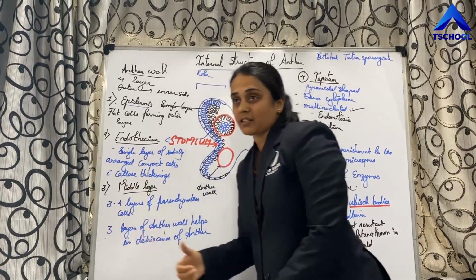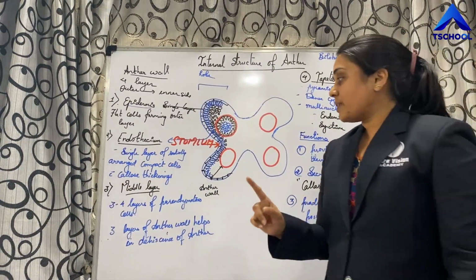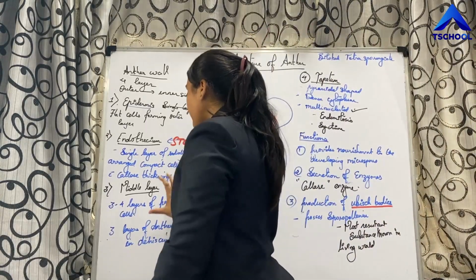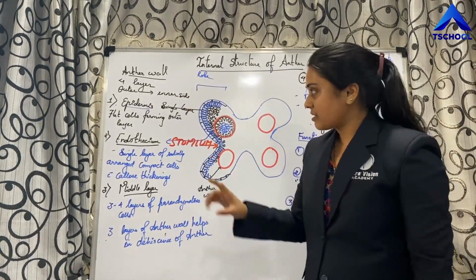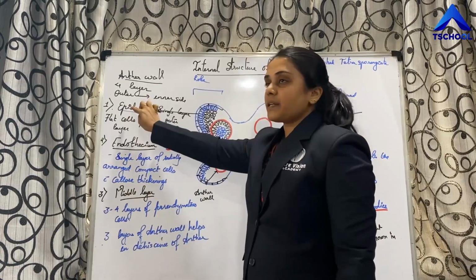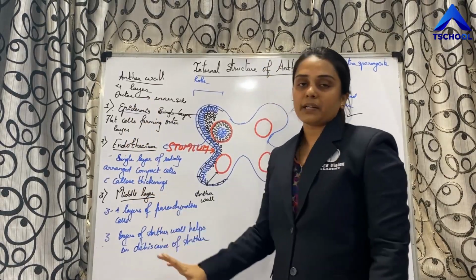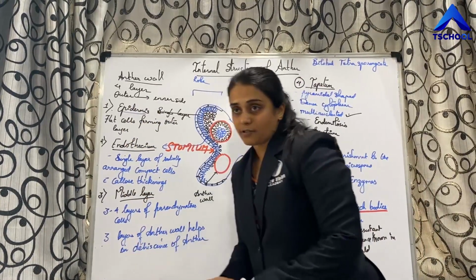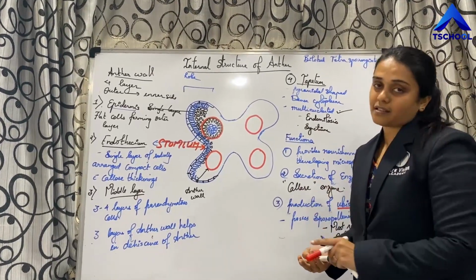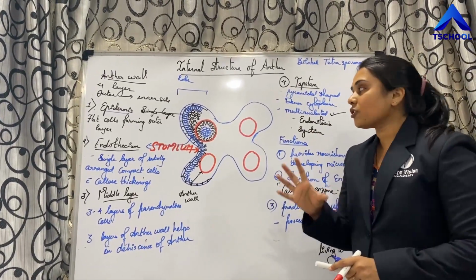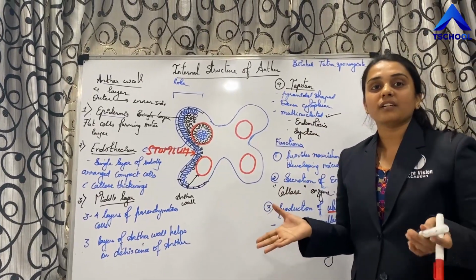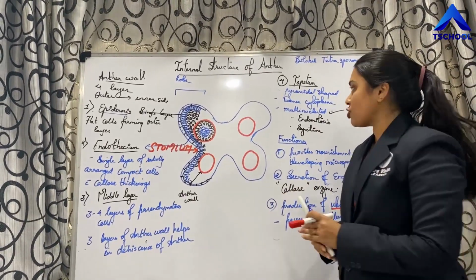Then the next layer is the middle layer, made up of 3 to 4 layers of parenchymatous cells. These 3 layers, epidermis, endothecium and middle layer, help in dehiscence of the anther. What is dehiscence of the anther? It is rupturing of the anther and release of the pollen grains when the anther matures, right?